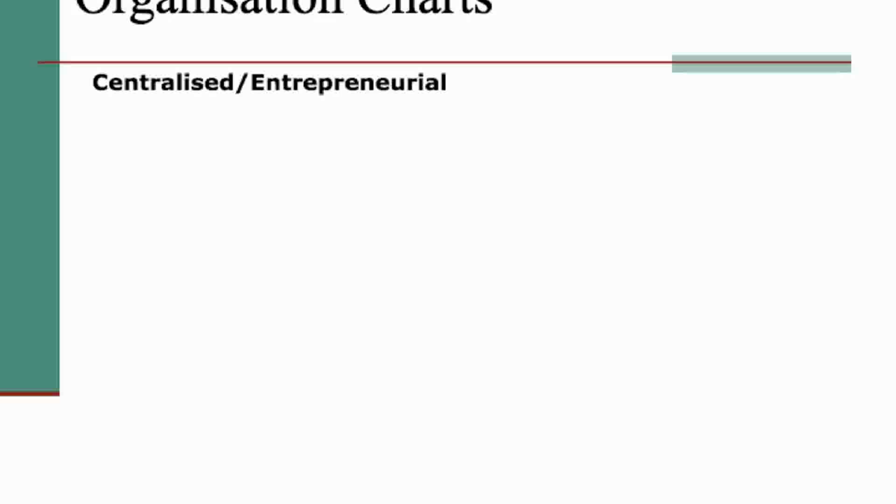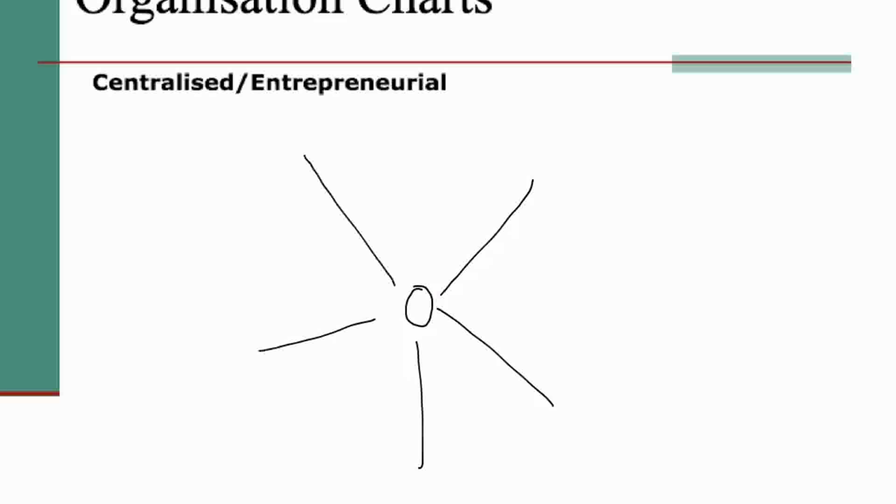So basically, if we were to look at this, there'll be a central hub, and then there'll be lots of other outlets. The central hub could be the head office, it could be the owner, and a few other managers who want to be in control of decision making, and on each of the outside edges there could be different outlets if you were opening different branches.